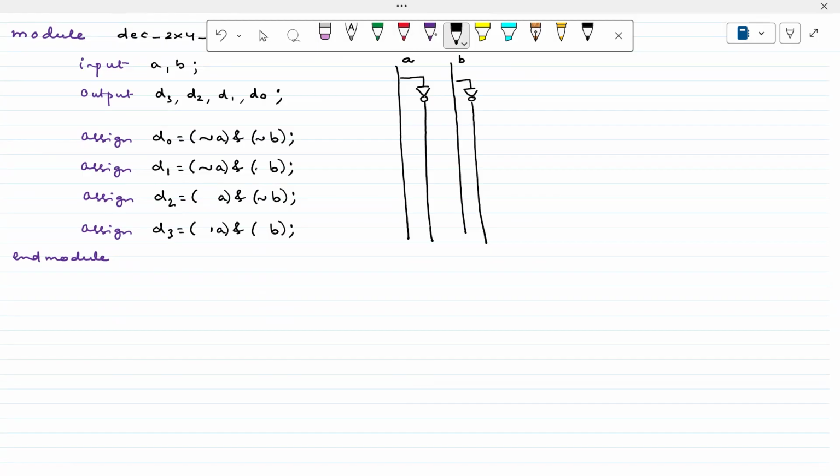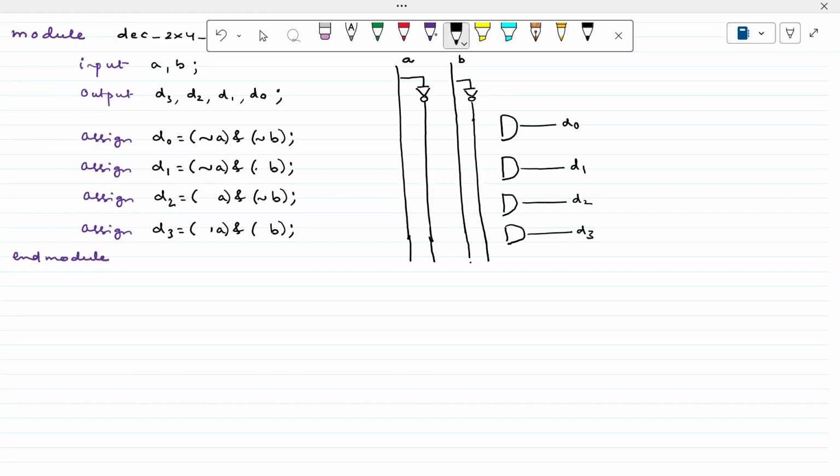And now, how many AND gates are required? 4 AND gates are required: 1, 2, 3, and this is 4. Let me consider this is called D0, this is D1, this is D2, and this is D3.